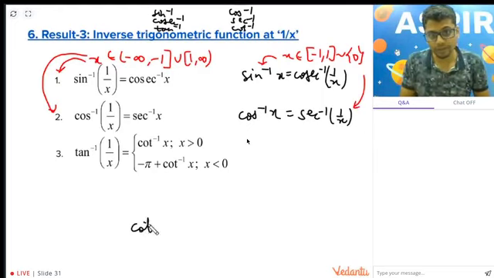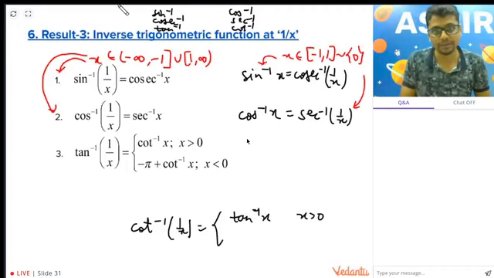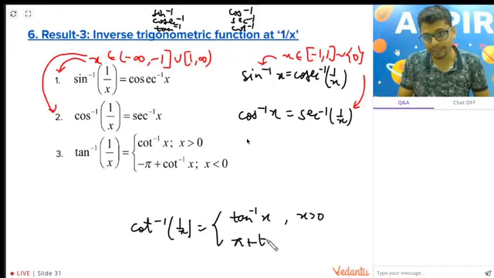Cot inverse 1 by x is equal to what? It is tan inverse x, again if x is greater than 0. I hope it is clear. And it will be pi plus tan inverse x if x is less than 0.